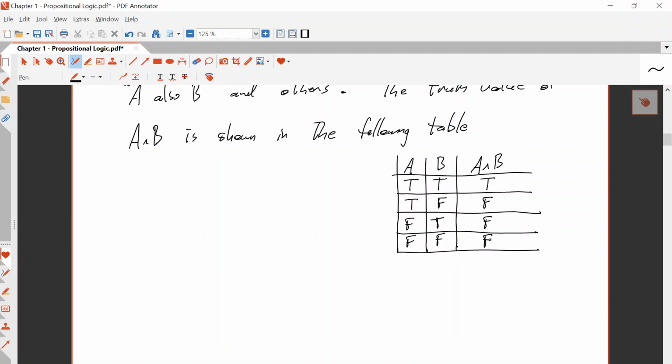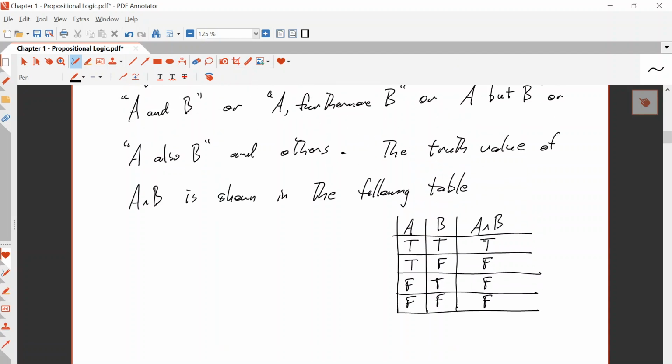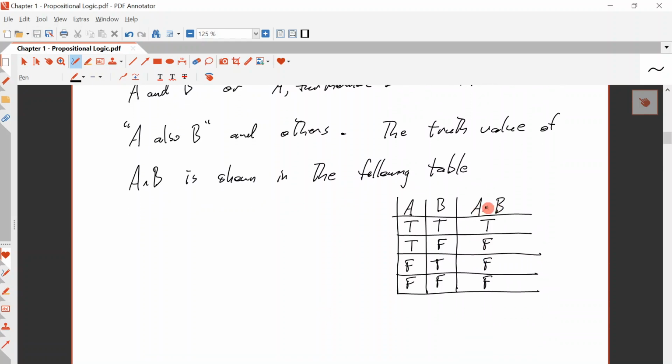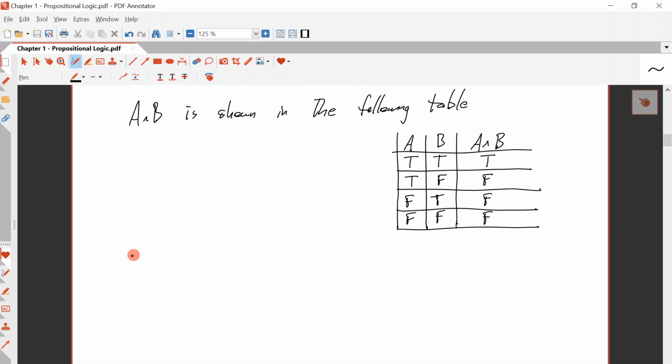That's conjunction with two propositions. You take two propositions and make the conjunction of them. You have A, you have B, and then you have the proposition A and B. And the truth value of the conjunction, given the truth values of A and B, are as shown. But conjunction can also be used to connect 3 or more propositions.